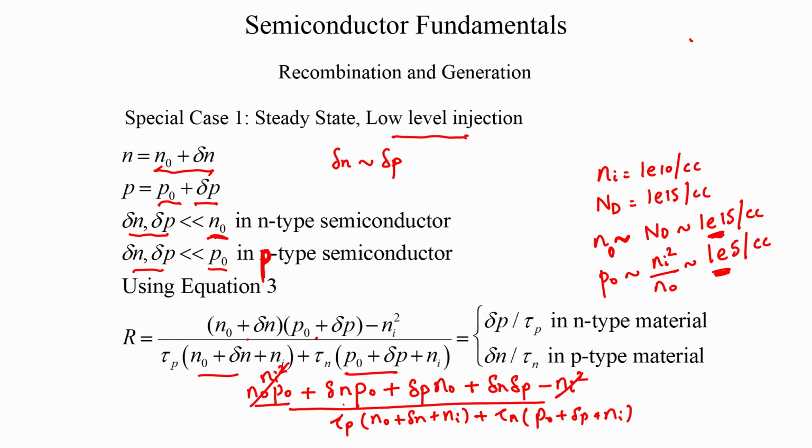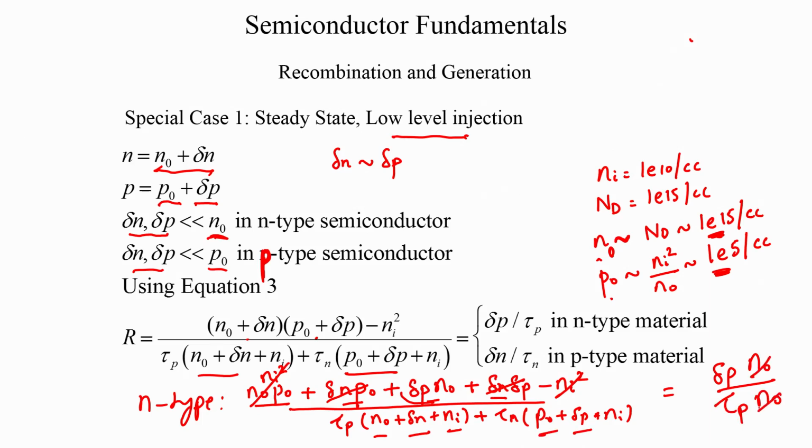Now, between these three terms, since delta n and delta p are much smaller than n naught, and since n naught is much greater than p naught in an N type semiconductor, so let us say we are looking at N type semiconductors now, this term dominates and the other terms are all negligible. The numerator will simply be delta p n naught. And in the denominator, n naught is going to be much greater than ni, much greater than delta n, much greater than p naught, and much greater than delta p, and therefore only this term dominates in the denominator.